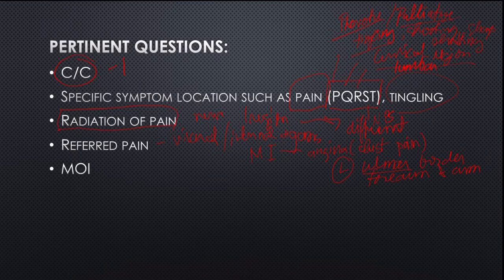Okay, and MOI, or mechanism of injury. If it's musculoskeletal in origin, obviously, the specific mechanism should be determined by you. You should ask the patient, what happened when you slipped on the floor?